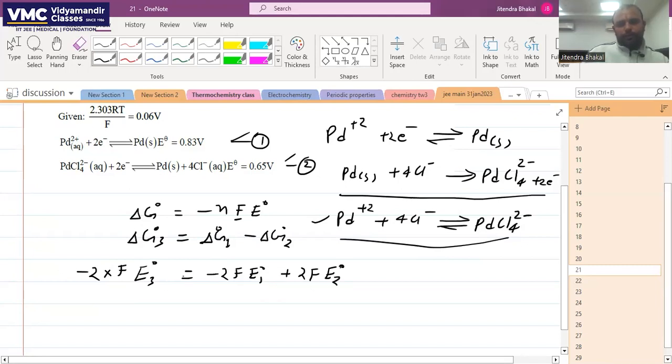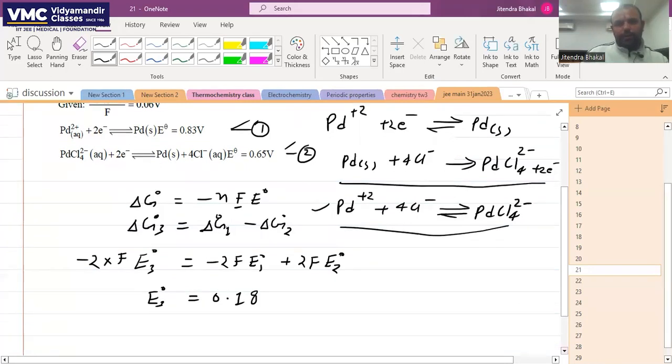Now 2F will come out common, and finally we will get the value of E naught for the third reaction. It is equal to 0.83 minus 0.65, so 0.18 is the value.